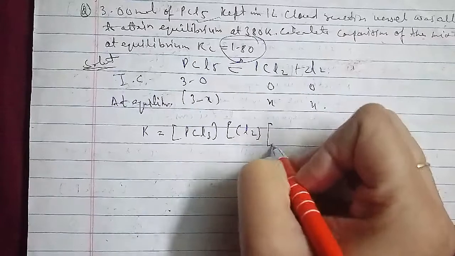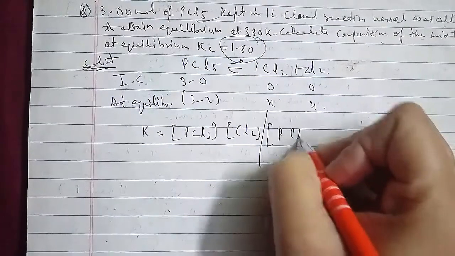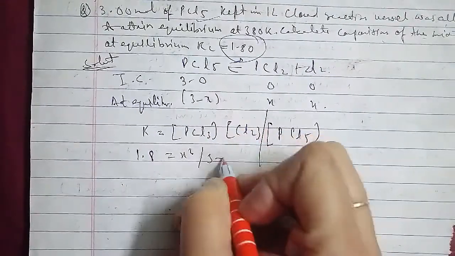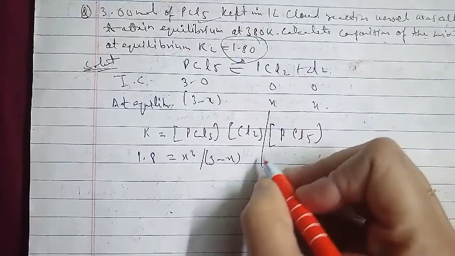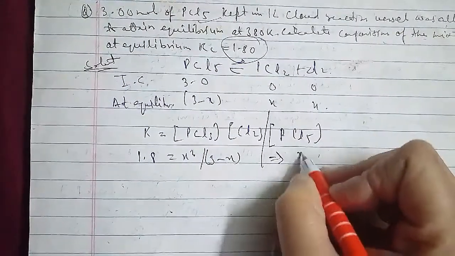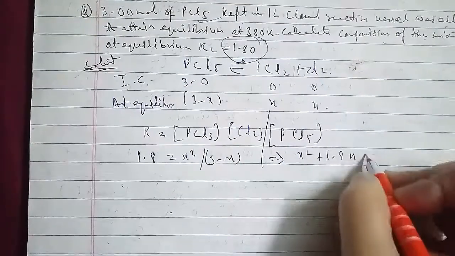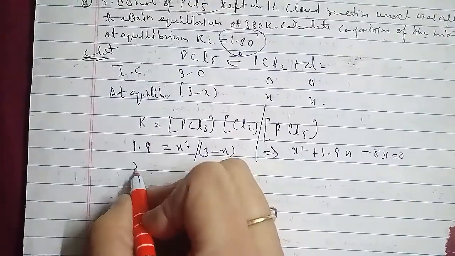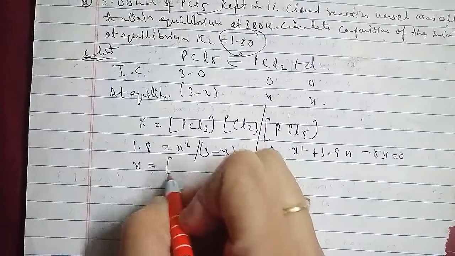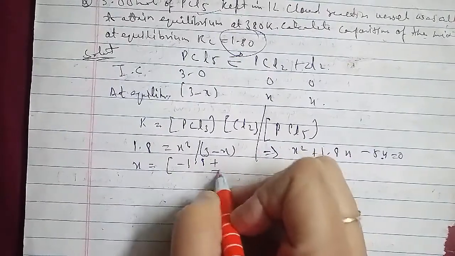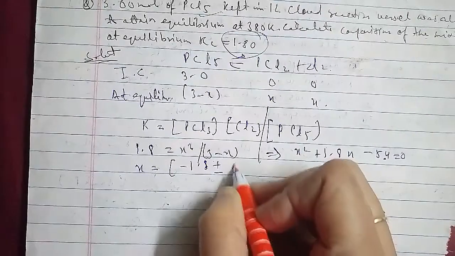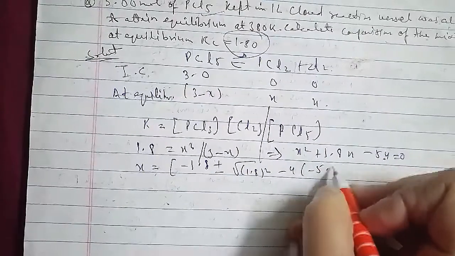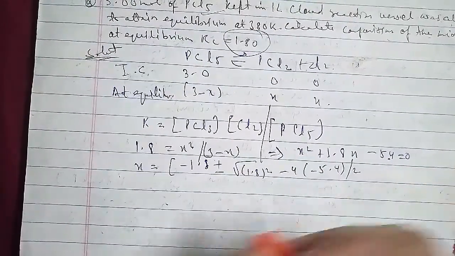Further solving this, we get x squared plus 1.8x minus 5.4 equals 0. So x equals minus 1.8 plus minus the square root of 1.8 squared minus 4 times minus 5.4, upon 2. Then x equals minus 1.8 plus minus the square root of 3.24 plus 21.6, by 2.